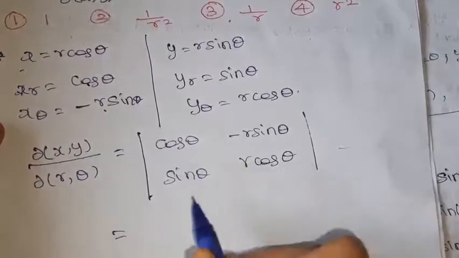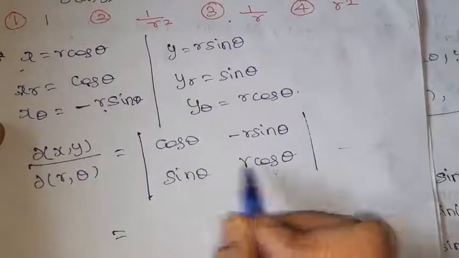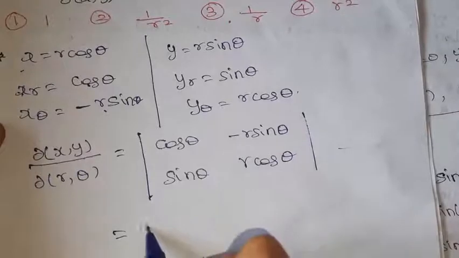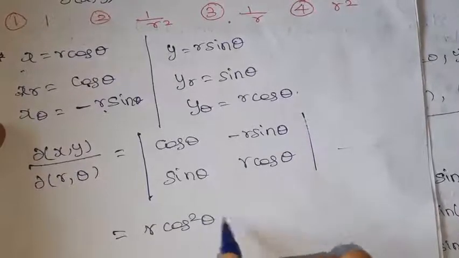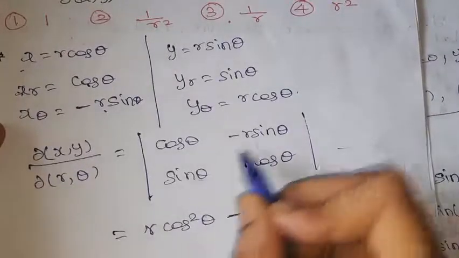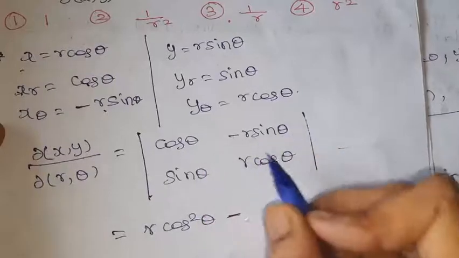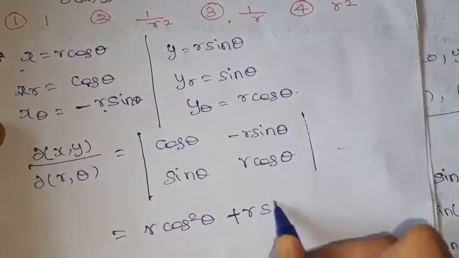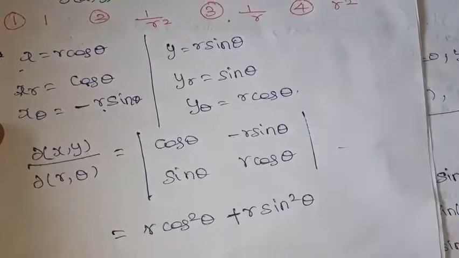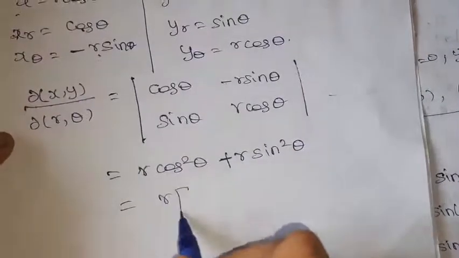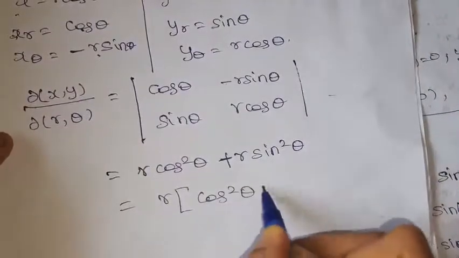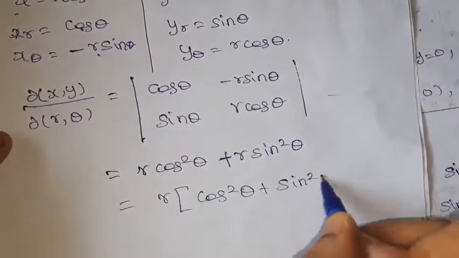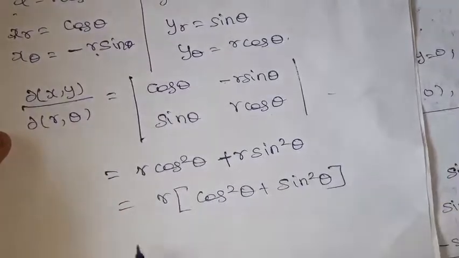Expanding this determinant, r cos square θ minus (minus r sin square θ), so plus r sin square θ. Taking r as common, we get cos square θ plus sin square θ, and the value of this is nothing but 1.